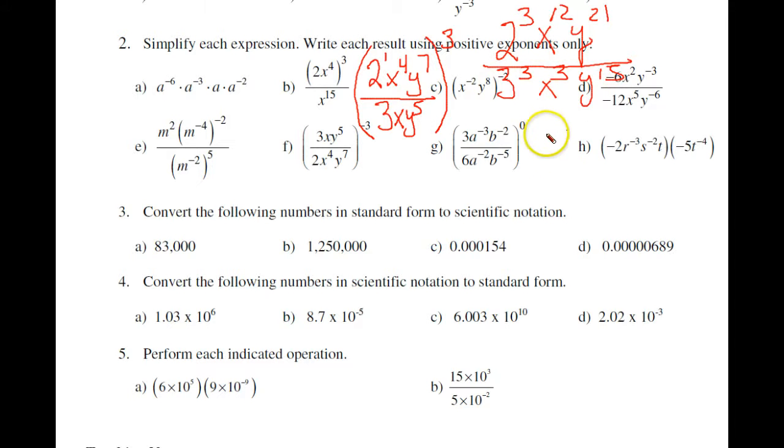And now you just simplify. So this is going to be 2 to the third is 8. This is 27. I want my exponents to be positive. So this goes up. I subtract it from 12. I get x to the 9th, y to the 6th, 15 from 21.